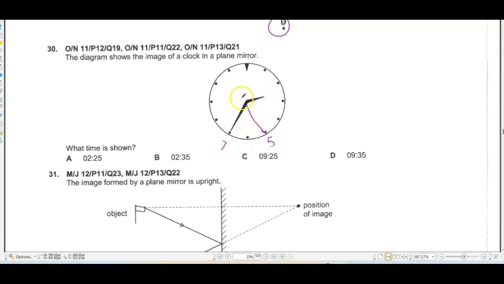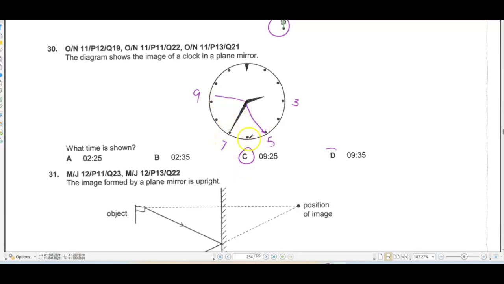And if this is over here, so this would be over here. Lateral inversion we are talking about. So if this is pointing at 3, so in the original clock, the needle should be pointing at 9. And it would be 9:25. Sorry, C is the correct option. Not 9:35, it's 9:25. That is how you do these things.